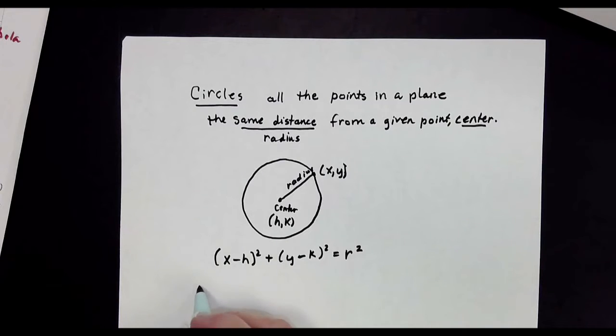So, for example, if I give you (x minus 1) squared plus (y plus 3) squared equals 16, we could name the center and we could name the radius. This would be my x minus h, and this would be my y minus k.